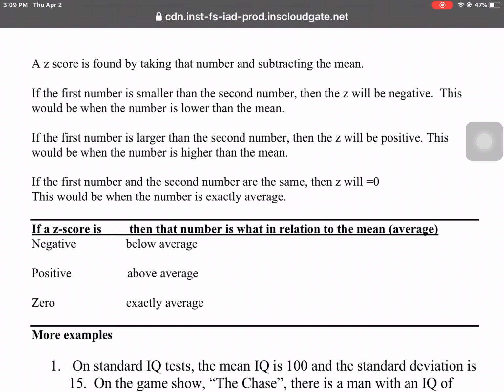This would be if something's higher than average. If you subtract and you get 0, that's because the two numbers were the same. So that means something's exactly average. So if a z-score is negative, it's below average. If a z-score is positive, it's above average. 0 means something's exactly average.